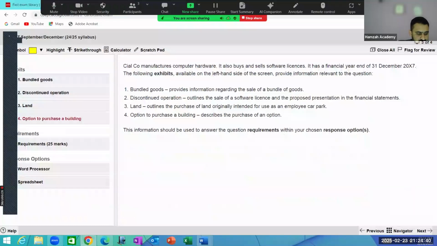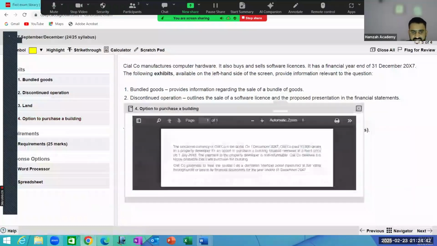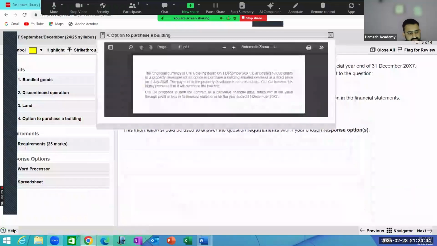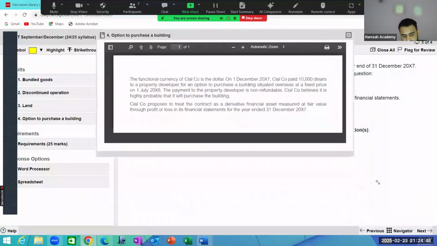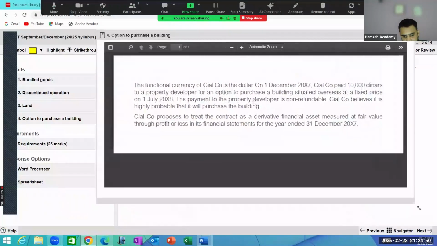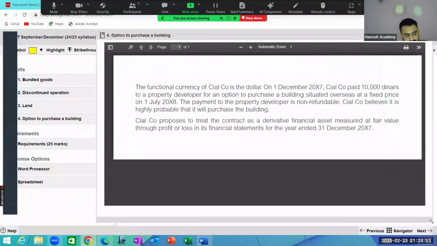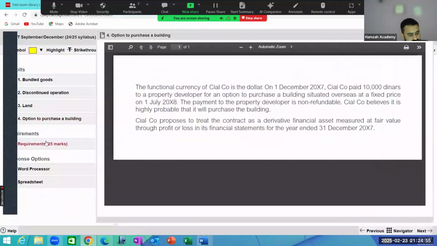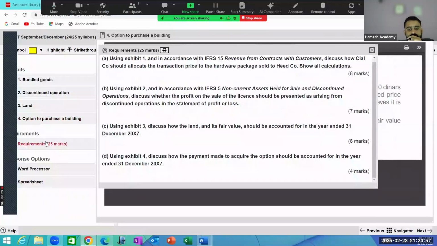Now, the next exhibit is the option to purchase a building. And kindly read the requirement.